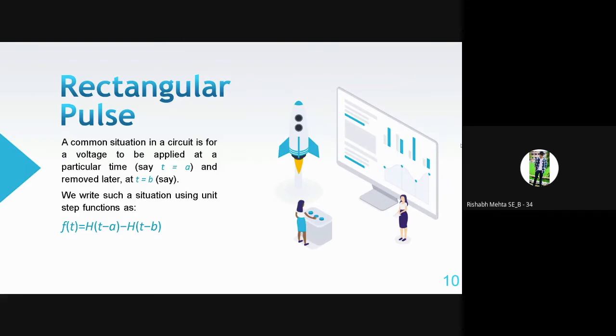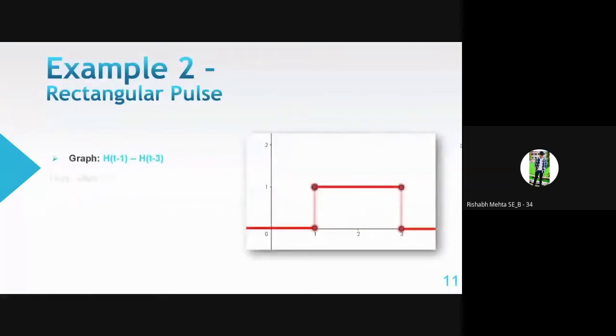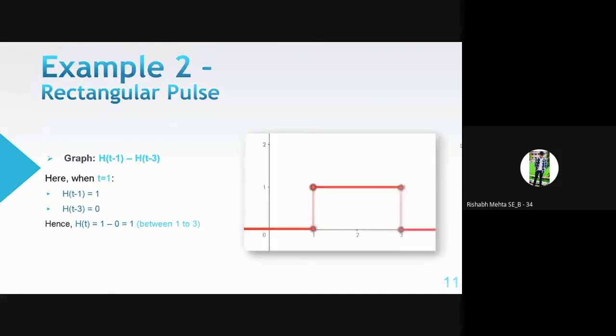Let's check out an example of rectangular pulse in Heaviside unit step function. Let's draw a graph of h of t minus 1 minus h of t minus 3. Here, till the value of t is less than 1, the graph will be at 0. Then as soon as it reaches 1, the value will become 1 and remain 1 till t is strictly less than 3.